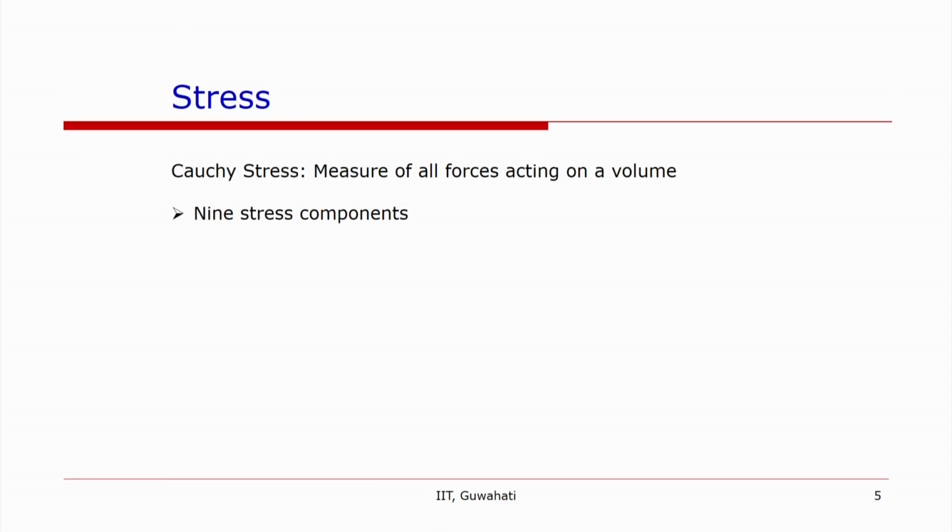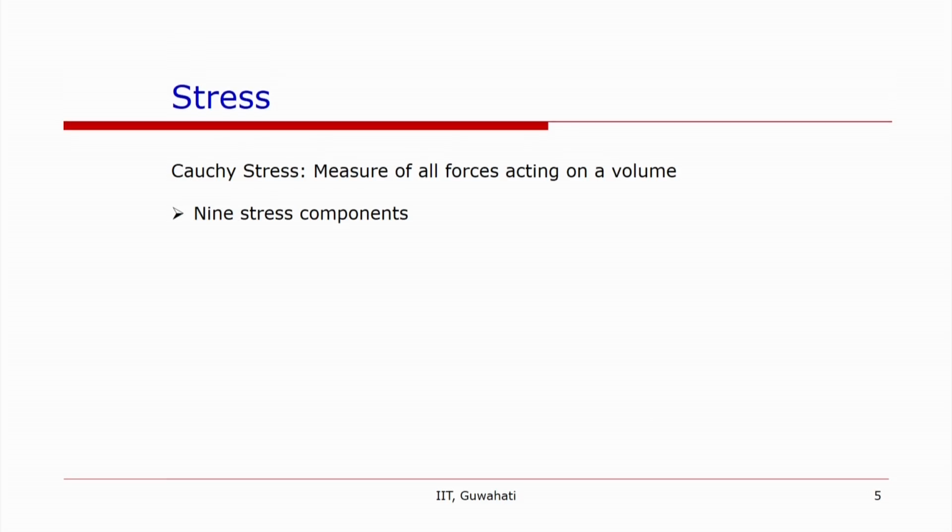Now we will continuously deal with the stresses in fluids. While defining fluid, we said that under the application of a shear stress, the material that deforms continuously is known as a fluid. So we also need to define stress.